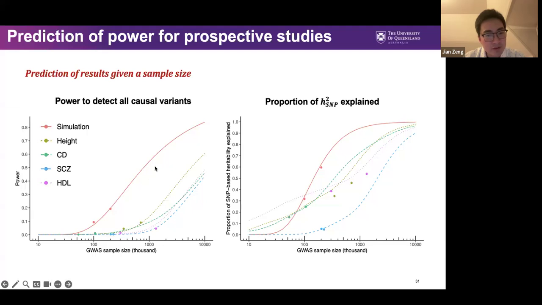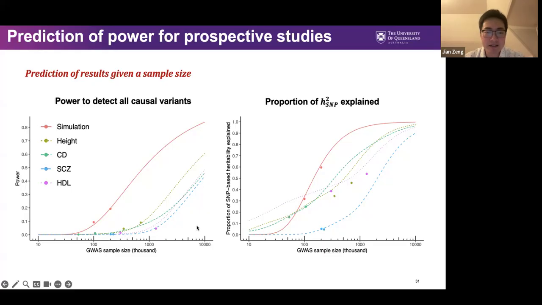The line shows our predicted value, and the dots represent the outcome from two GWAS studies with different sample sizes. And overall, it looks like the predicted value is close to the observed value.